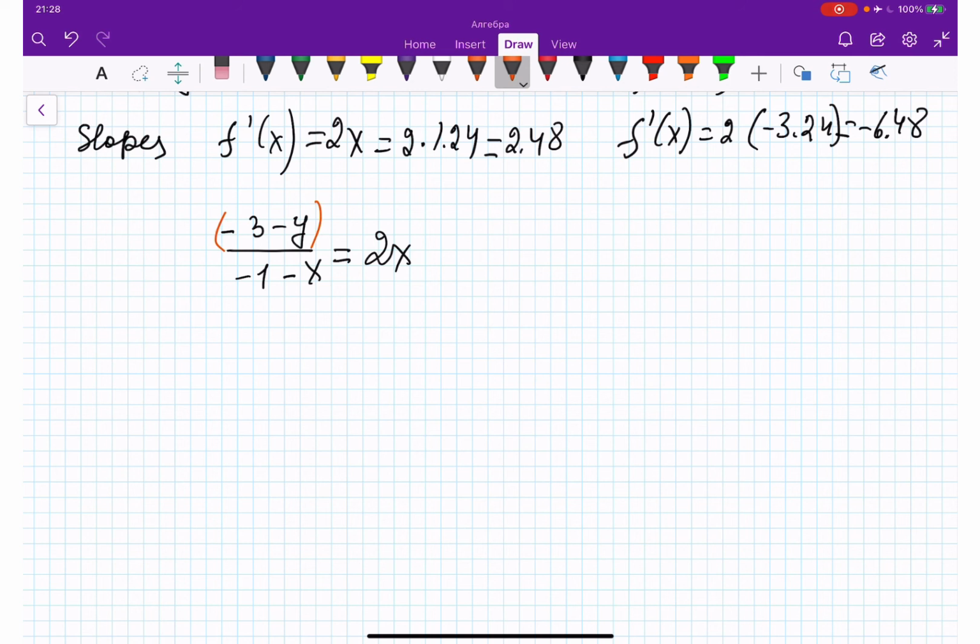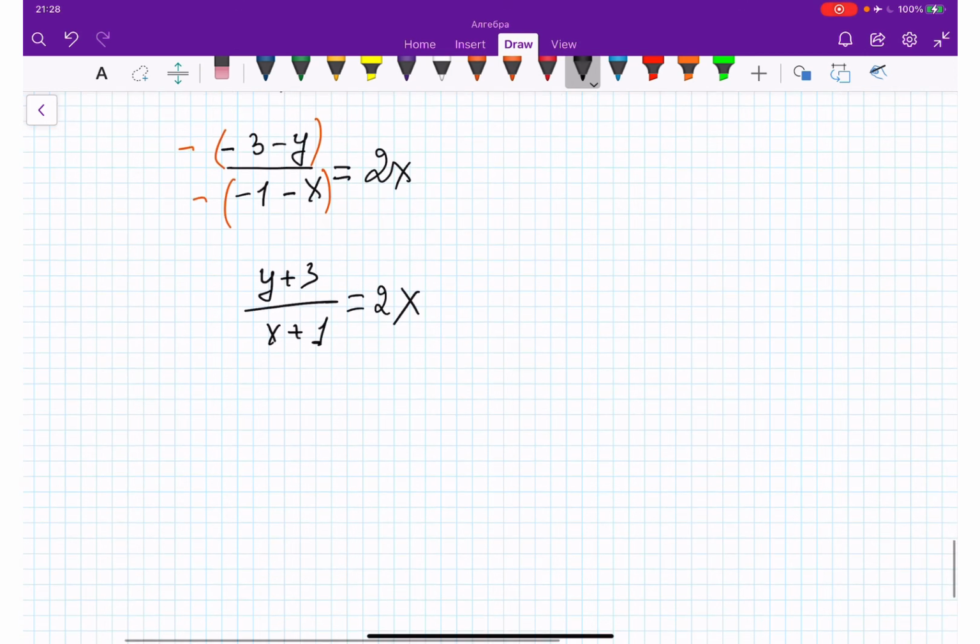Because it's still going to be the same sign, right? Okay, so this way I'm going to flip and I will get y plus 3, and here I will get x plus 1, and is equal to 2x. So from here, y plus 3 is equal to 2x times x plus 1.